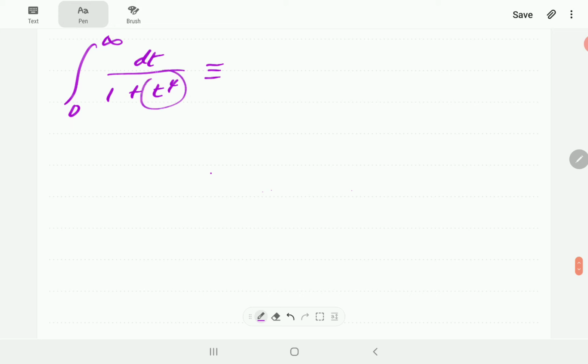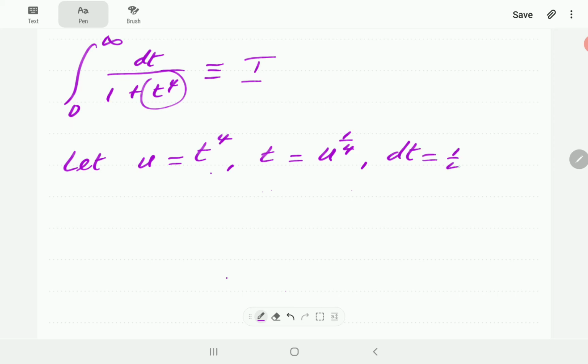All we want to do is make a substitution and rewrite this integral in this form. So in the denominator we want 1 plus t, but in this case it's already t to the power 4. So I'll make this one into a new variable u. We'll let u be t to the power 4. So t is u to the power 1 over 4. Then dt is 1 over 4 u to the power minus 3 on 4 du.